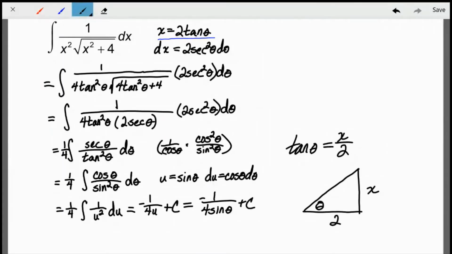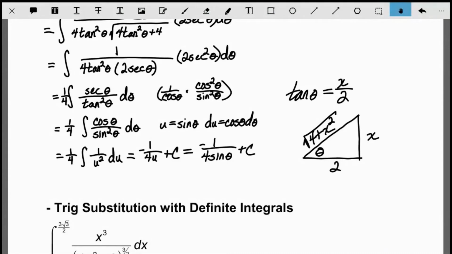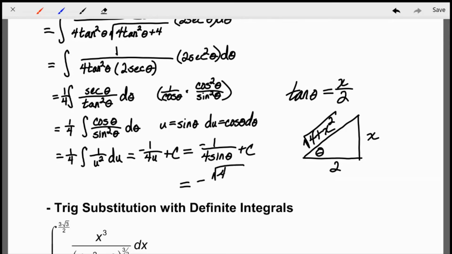That means the hypotenuse would be the square root of 4 plus x squared. Now from that, I can get my final solution. Using that triangle, sine theta would be x over square root of 4 plus x squared. Since it's in the denominator, I'm going to take the reciprocal of that, and I'm going to end up with negative square root of 4 plus x squared all over 4x, and then plus c.